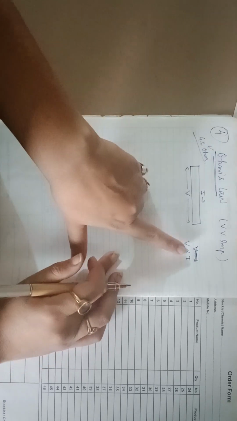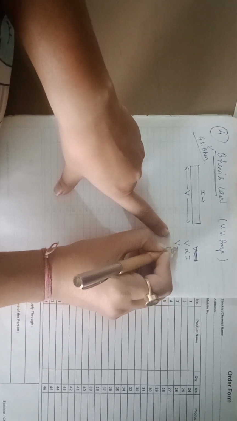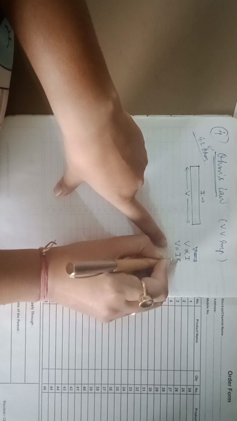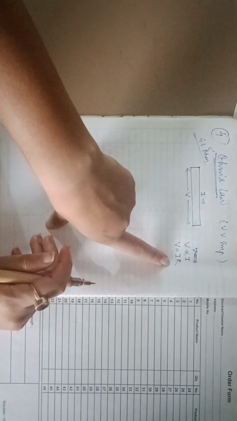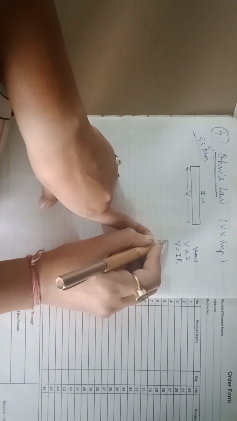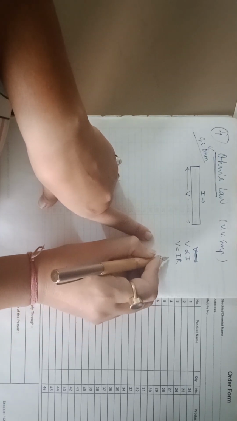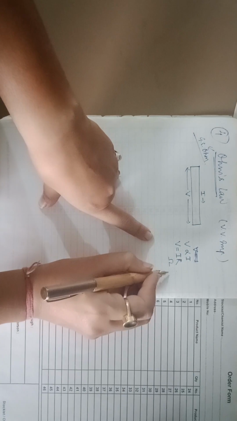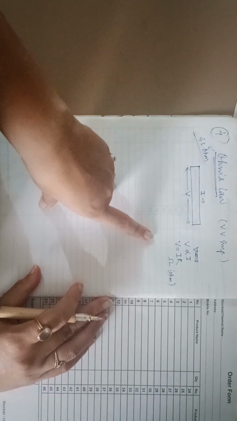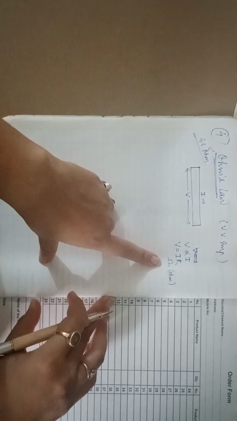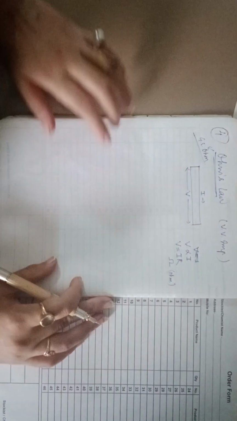So to balance this, we put a constant: V is equal to IR. R is the resistance, whose unit is ohm. So V is equal to IR.